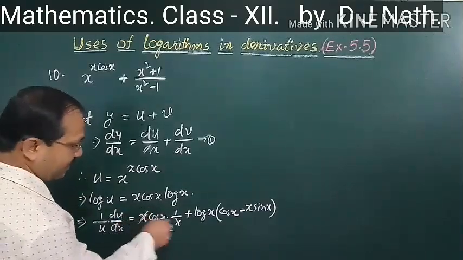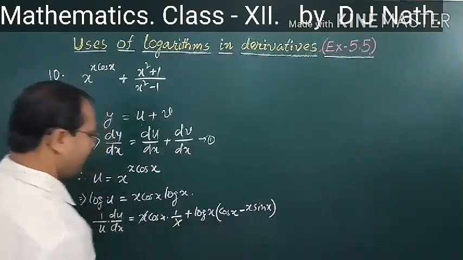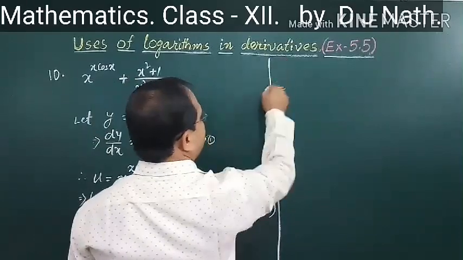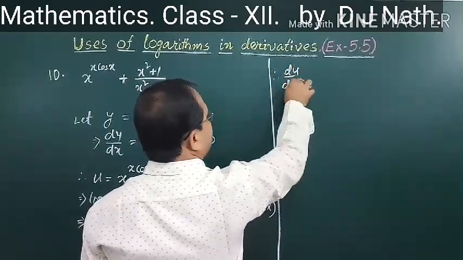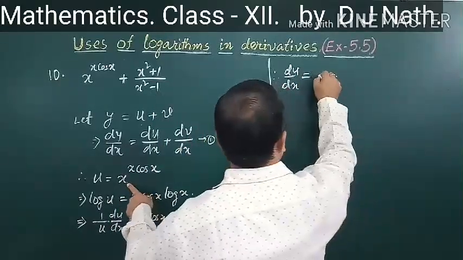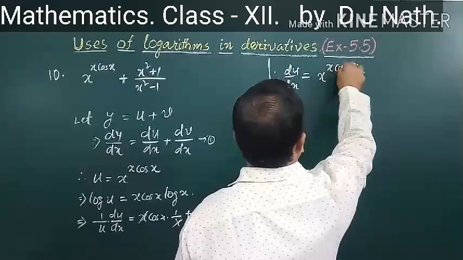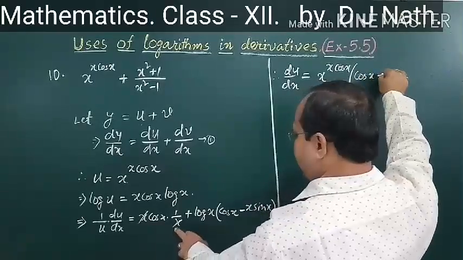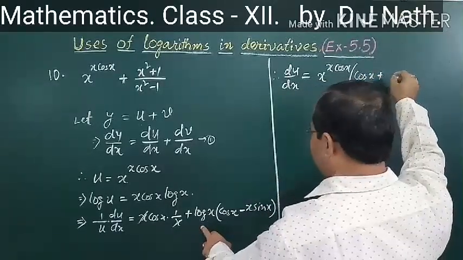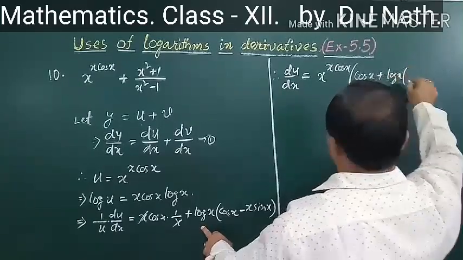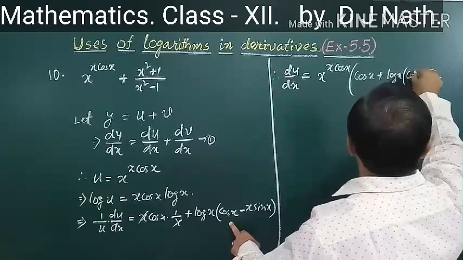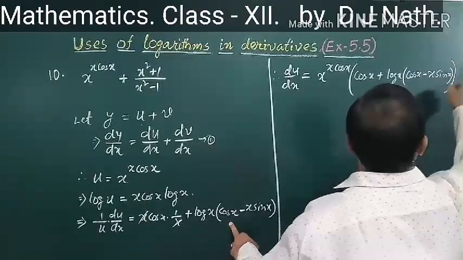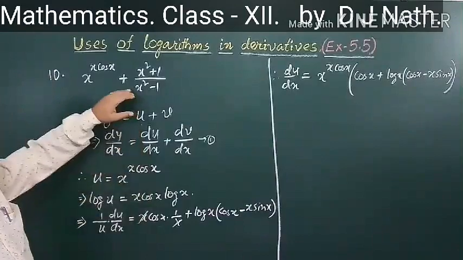Here x and 1 by x get cancelled, so it is only cos x plus log x into (cos x minus x sin x). Therefore du/dx is equal to u, which is x to the power x cos x, into cos x plus log x into (cos x minus x sin x). So this is du/dx.